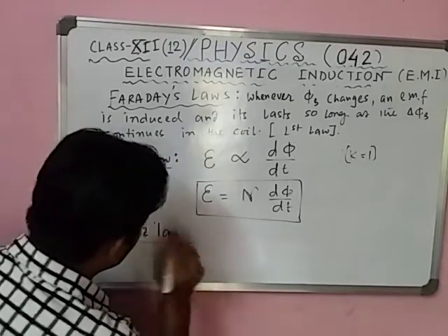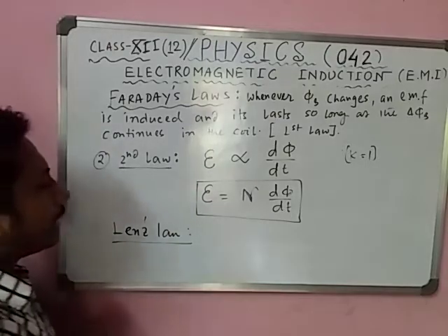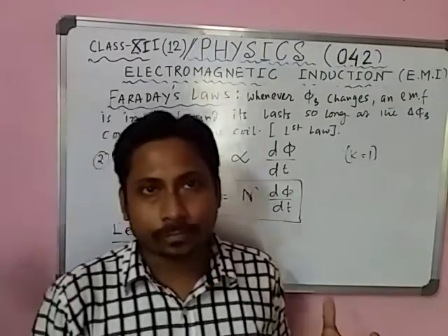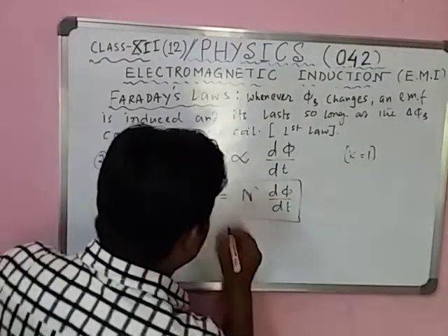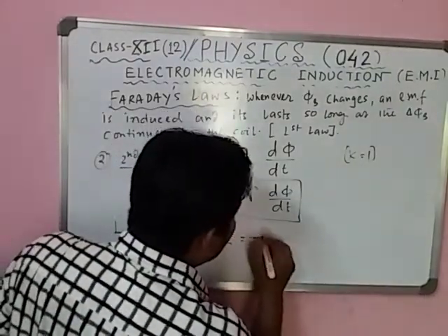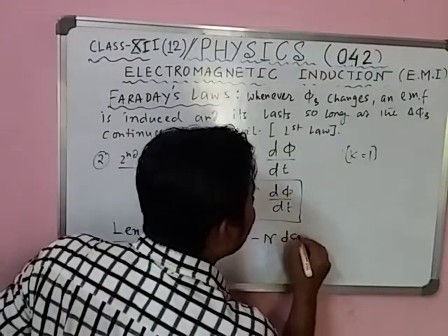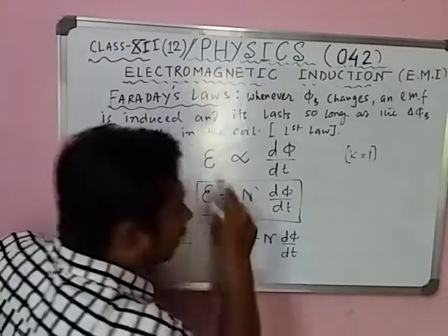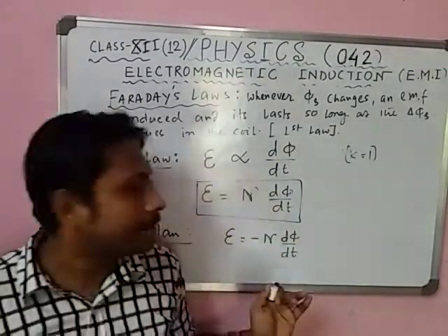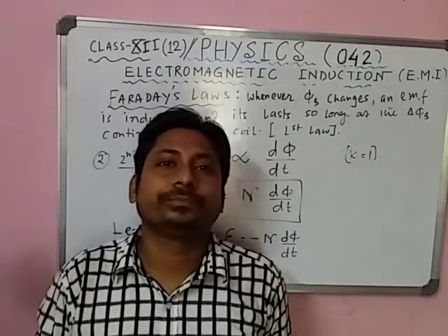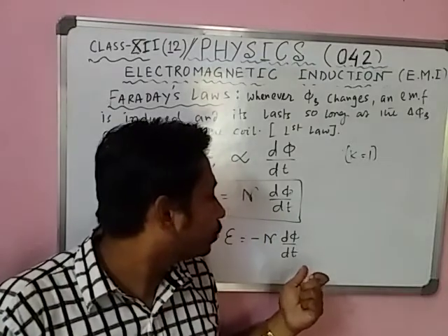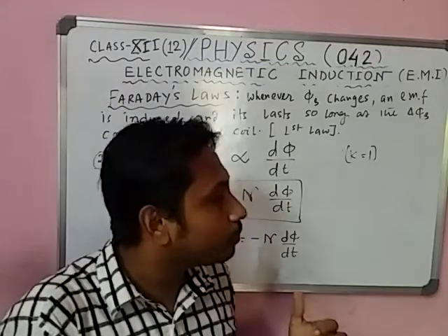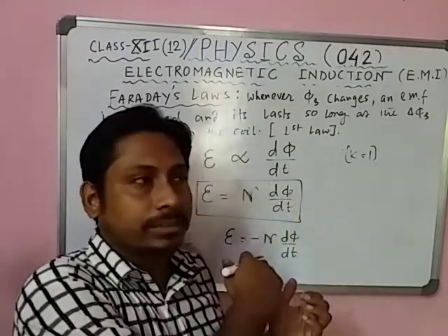In Lenz's law, we can write E = -N dφ/dt. It means this induced EMF always opposes the cause which produces it. The induced EMF always opposes the cause which produces it.